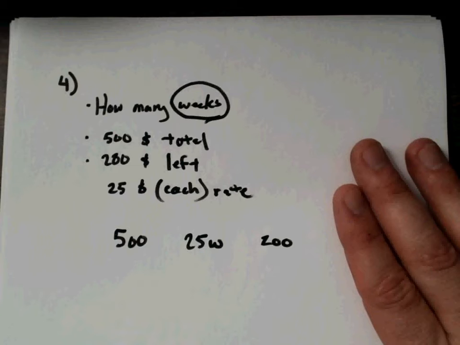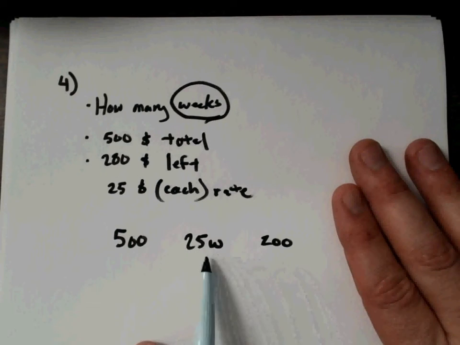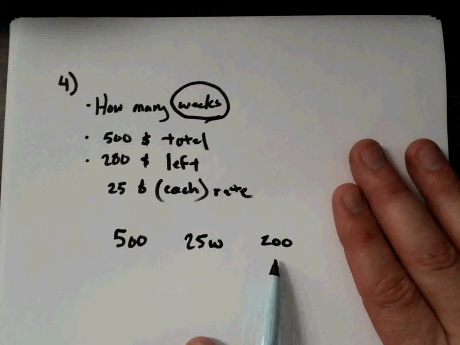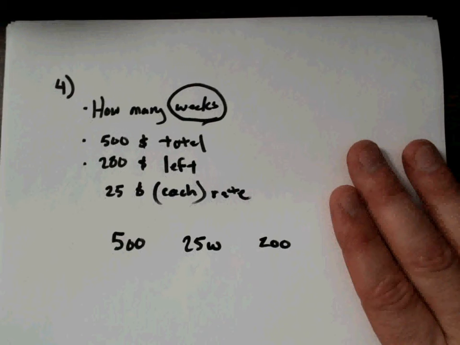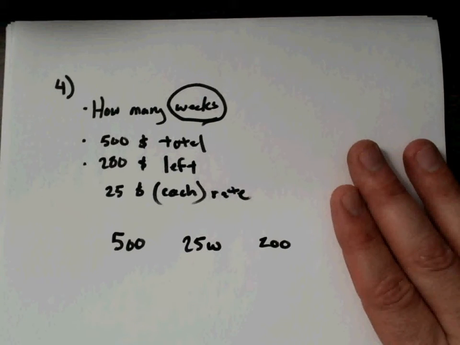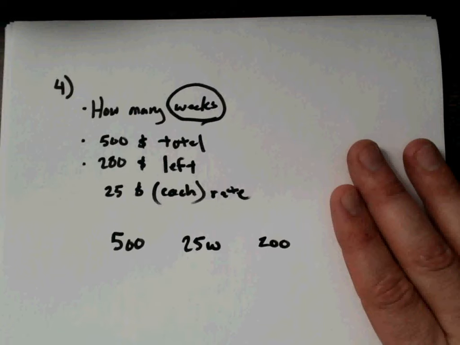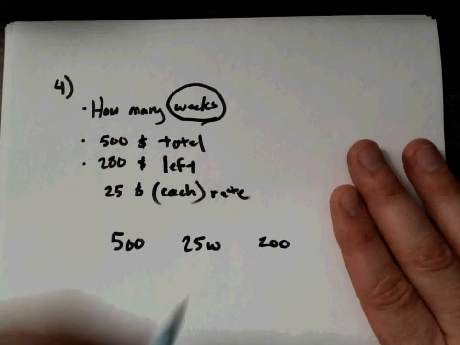First of all, before we decide the sign, how do I combine 25 per week and $200 that I want left over? How do I combine those? Subtract? Like decrease the amount of money. You're taking it away from what? The total, right? So if I'm taking it away from the total, don't I need this to be plus?